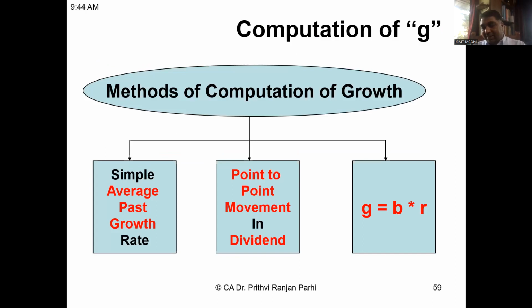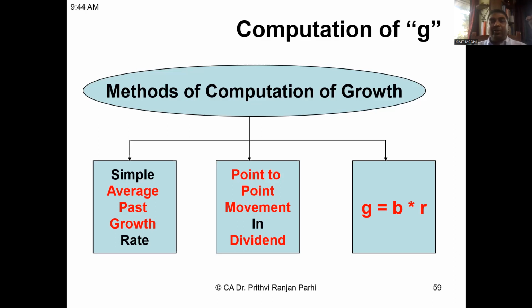Now, at this stage, very quickly, let us learn. As you know, now the formula is D1 by P0 plus G. So let us learn the concept of G, or the concept of growth, how it is computed. On your screen, you can see there are three ways of computation of this growth rate. One is simple average past growth rate. Past growth rate, we'll find it out and we'll average it out.